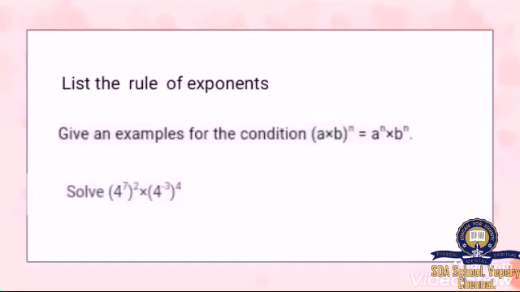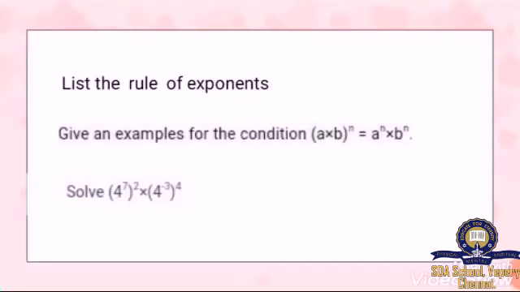The fourth condition is a raised to the power minus m is equal to 1 divided by a to the power m, and 1 divided by a raised to the power minus m is equal to a raised to the power m. The fifth condition is the nth root of a is equal to a raised to the power 1 by n, and the nth root of a raised to the m is equal to a raised to the power m divided by n. Let me move on to the next thing.